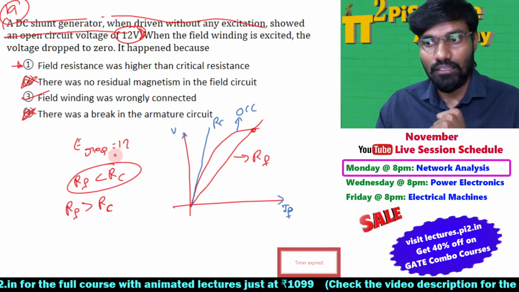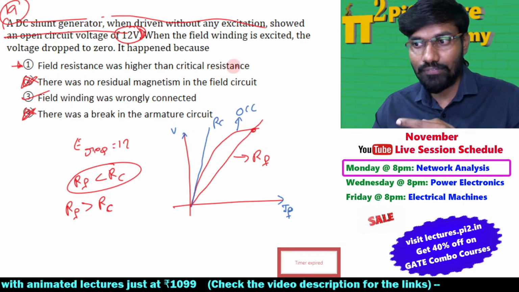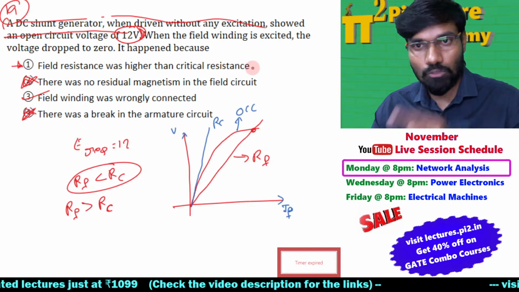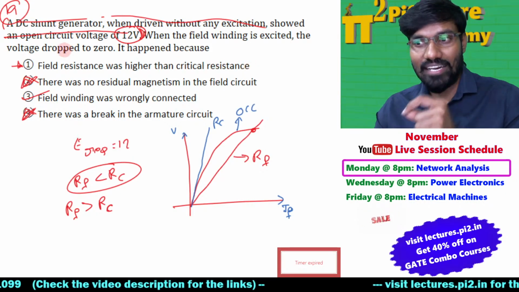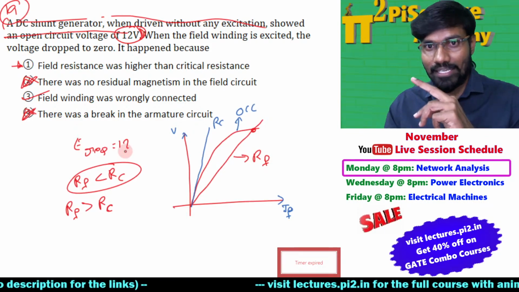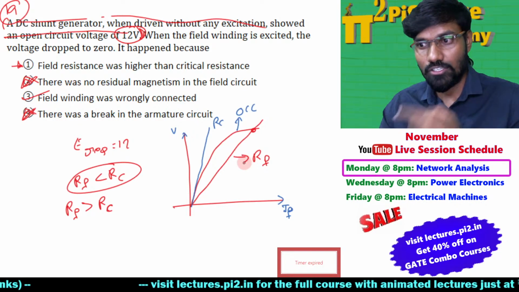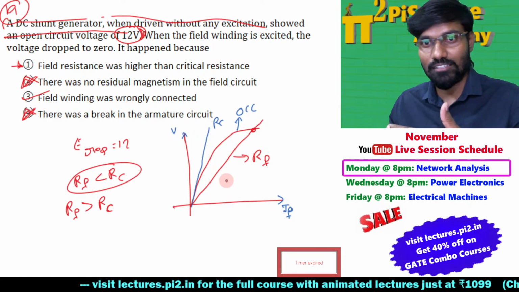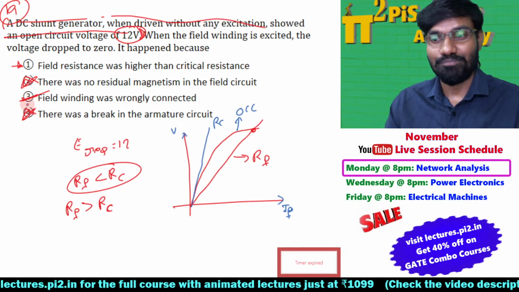But it is said it is not failed to build up. In this case, if this would have happened, again I am repeating, the output voltage would have maintained the same 12 volts. But it is said the voltage is dropped to 0. Voltage is dropped to 0 because the field winding is connected reverse. So current flowing in the field winding is flowing reverse. So the new flux and the old flux are opposite. So it has dropped to 0. Yes, this is the answer.